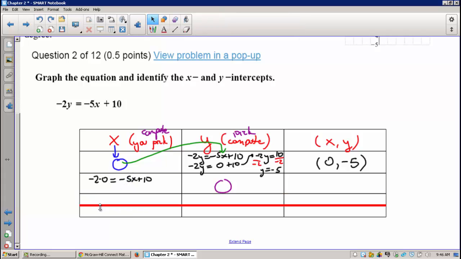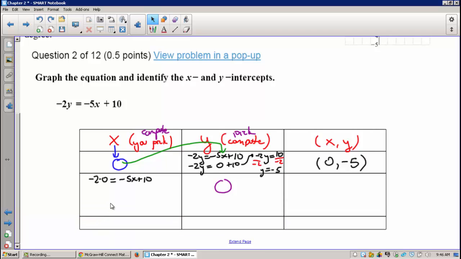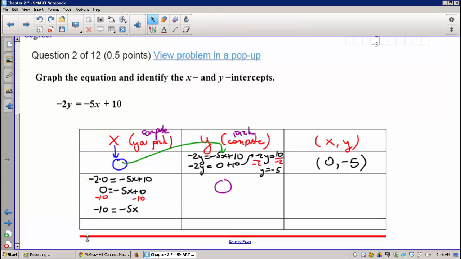Alright? Let me pull this down. Alright, so I have 0 on the left equals minus 5x plus 10. Why don't we subtract 10 from both sides so we can get x all by itself? X is all alone, right? And what is the x value now?